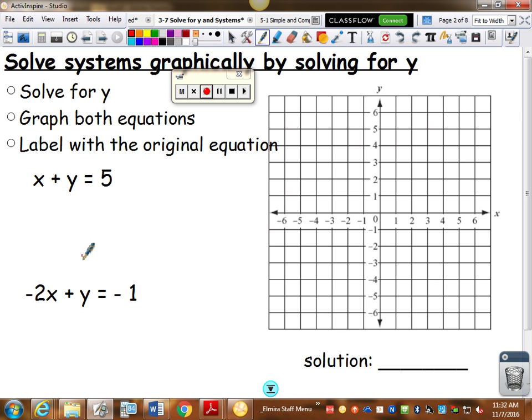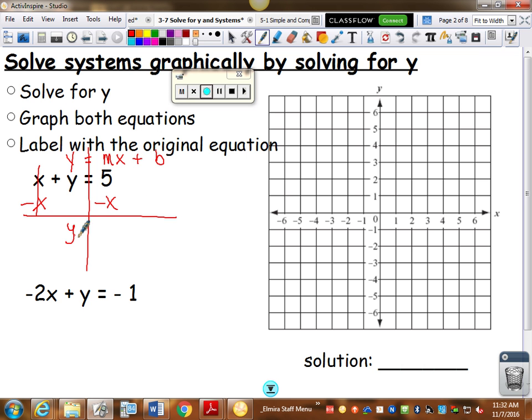We're going to do that twice because we have 2 equations. So I've got 2 equations here that I'm going to solve for y and then graph. So the first one, y equals mx plus b, that's my goal. Well, x is in the wrong place, so I'm going to subtract it.